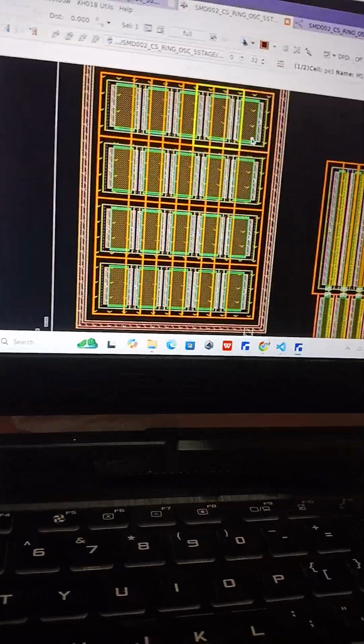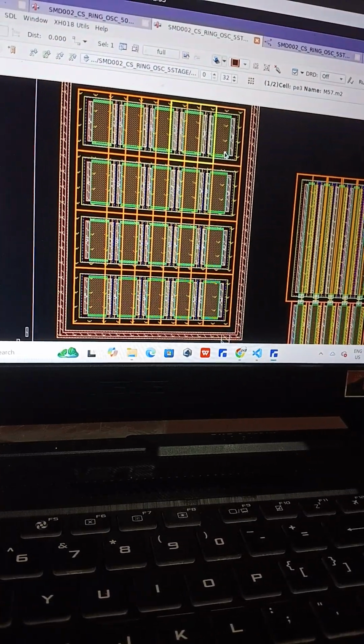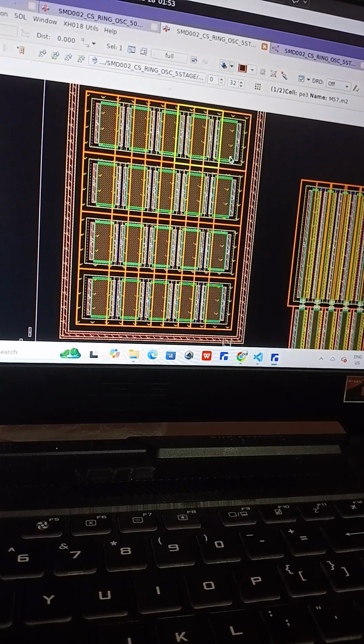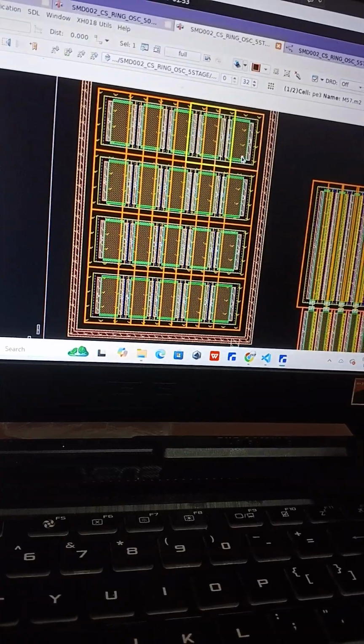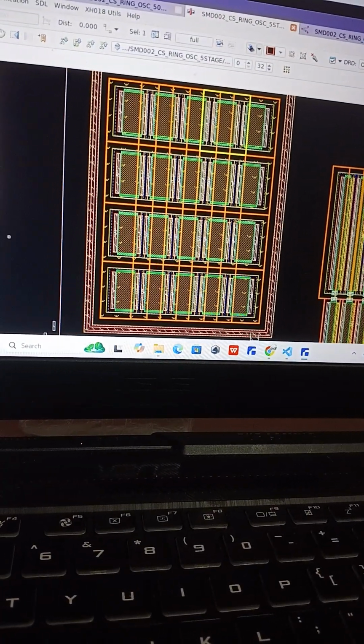So in order to minimize that kind of process defect, we need to make it as matched as possible. So how do we do that? There are several ways.